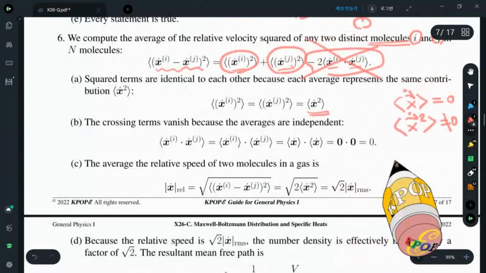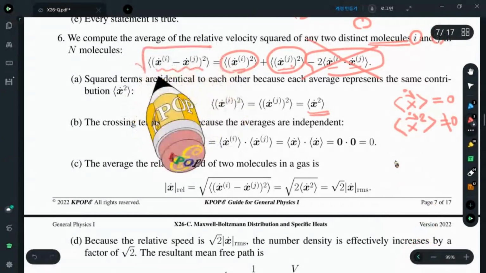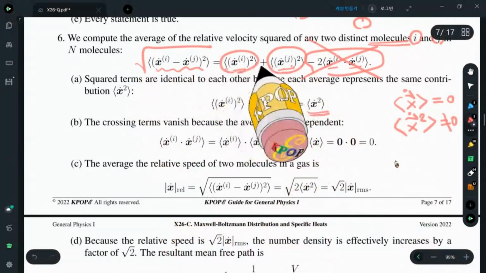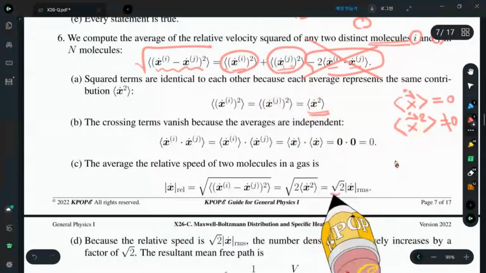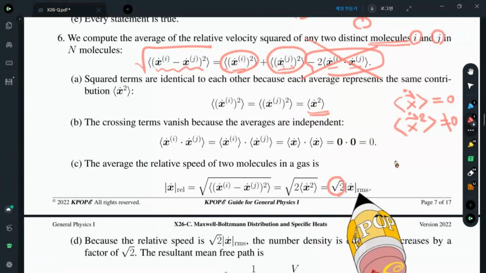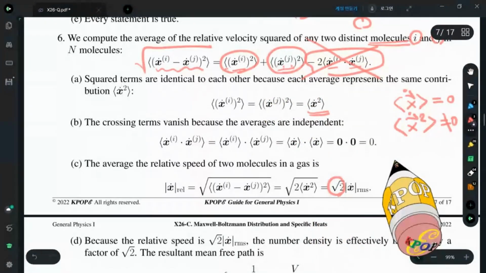Therefore, if you take the RMS value, the square root of this average, we have these two contributions. We have a square root of 2 times the RMS value of a single molecule.